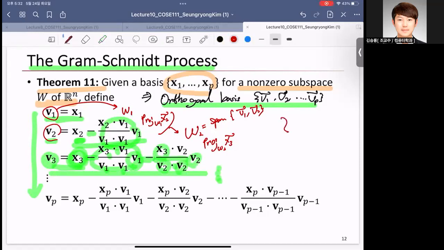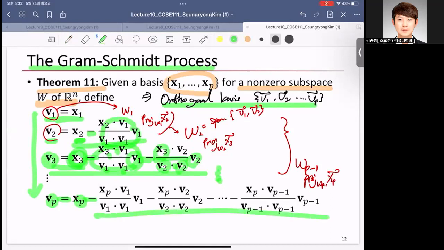Finally, given the previous subspace W_{p-1}, we can find VP, which is equal to xp minus the projection of xp onto W_{p-1}, which can be divided like this. For xp, we have to consider V1, V2, up to V_{p-1}. Then it's going to be VP.